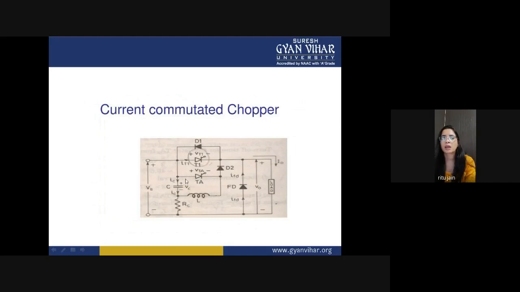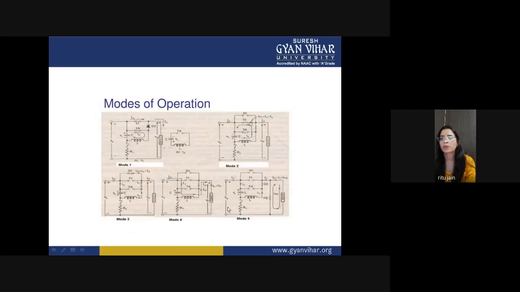Initially the voltage across this capacitor is VC. When we connect the supply, it starts to discharge through this circuit, and when the capacitor discharges, this plate becomes negative and this plate becomes positive. So thyristor TA is turned off.